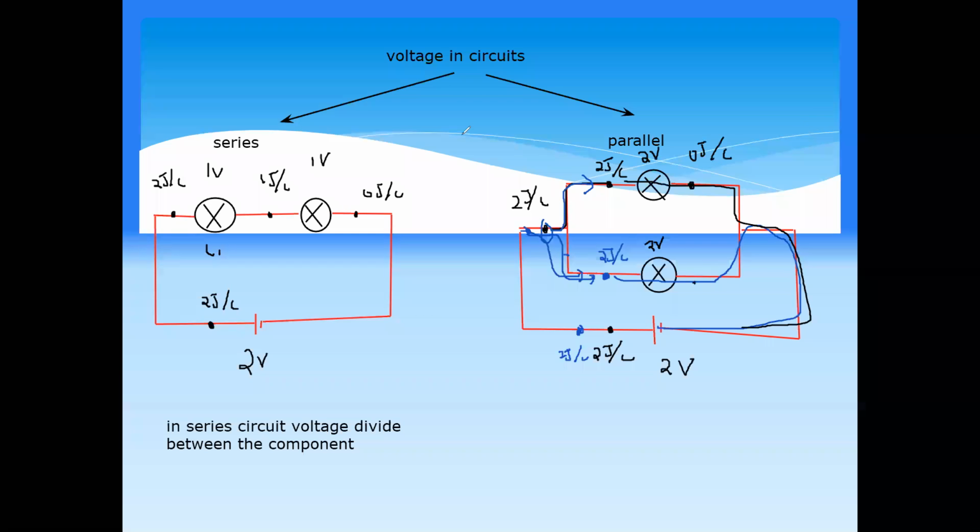So the idea is that whenever two components are in parallel, the voltage across the components is the same. So they transfer the same amount of energy when they pass through. Because it happened in a short time, both lamps will light up, it appeared both lamps light up at the same time.